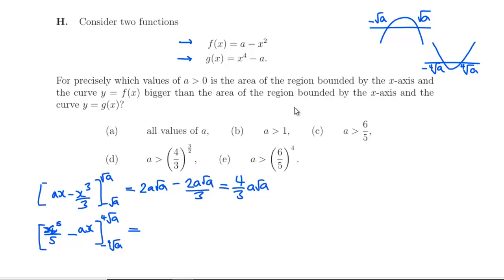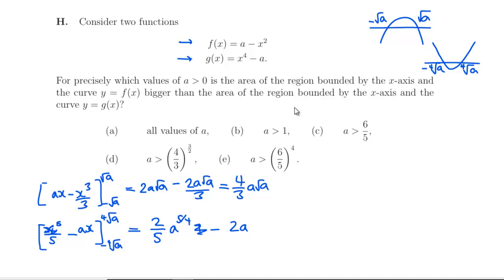So that is then going to be 2 lots. We've got the 4th root of this thing, so we're going to have 5 over 4 on these. So 2 over 5 of a to the 5 over 4. And then it's taking off 2 lots of a and then the 4th root. Well, let's put it in the same format.